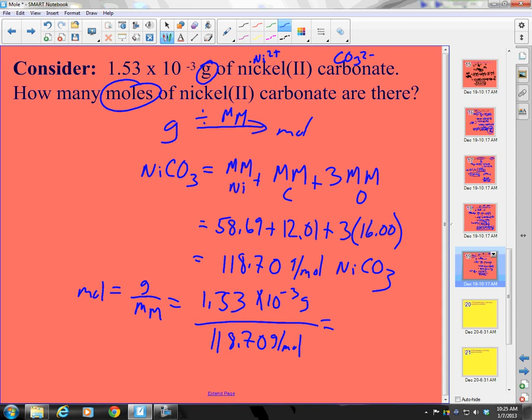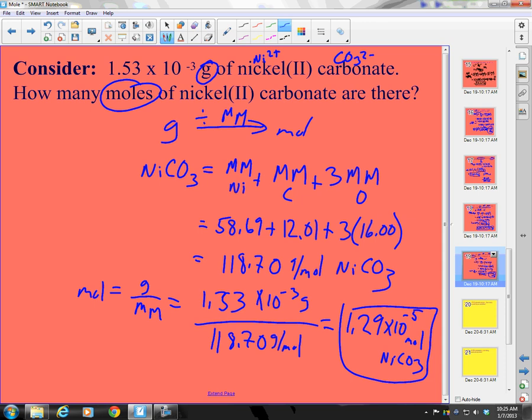And I get what? Okay, invert that times 1.53 times 10 to the minus third. And it looks to me like I get 1.2, how many, 3 sig figs? 1.29 times 10 to the minus 1, 2, 3, 4, 5. 10 to the minus 5 moles of nickel 2 carbonate.